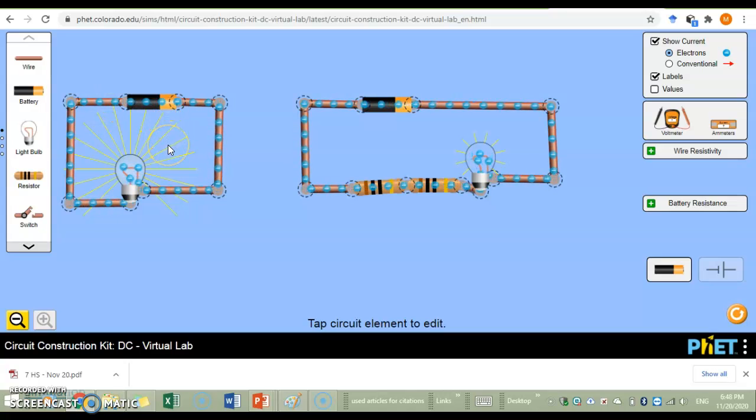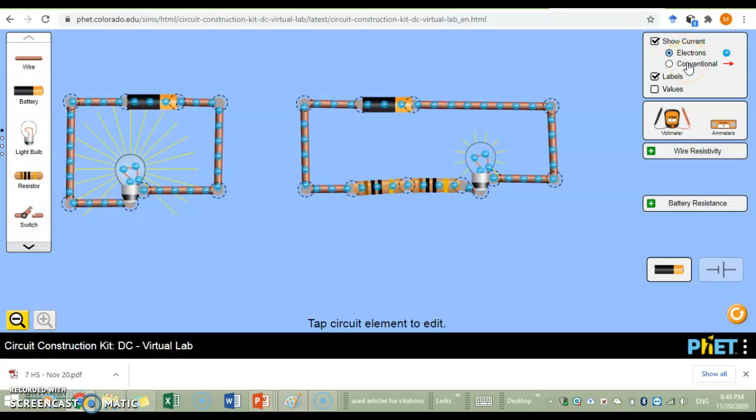So the brightness of the lamp confirms that the intensity of the current here is high and that the rate of flow of electrons is high too. However, in this case, the dim glowing of the lamp confirms the low intensity of the current flowing through the circuit and thus confirms the low rate of flow of electrons.